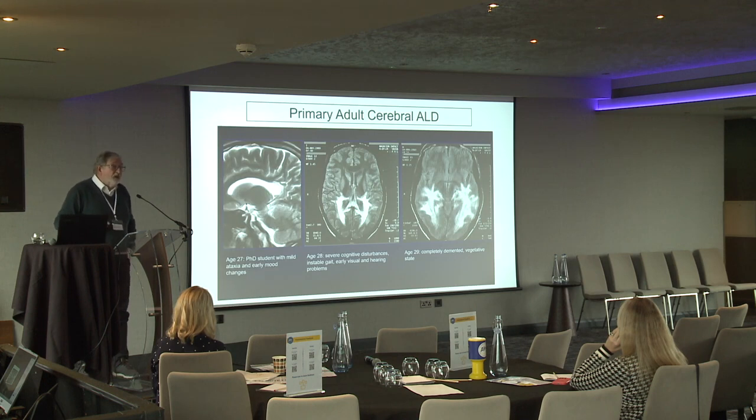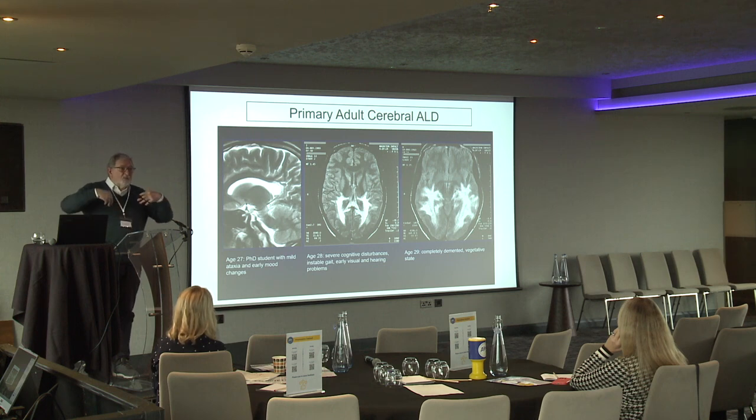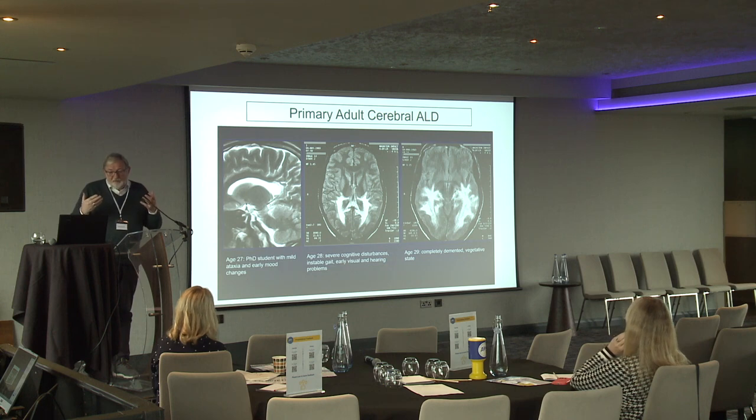Here are some examples, because I also want to show that this cerebral involvement may occur primarily without any disease before that. This is a situation that frequently happens in children as well. They start with a primary involvement of the brain, inflammation.